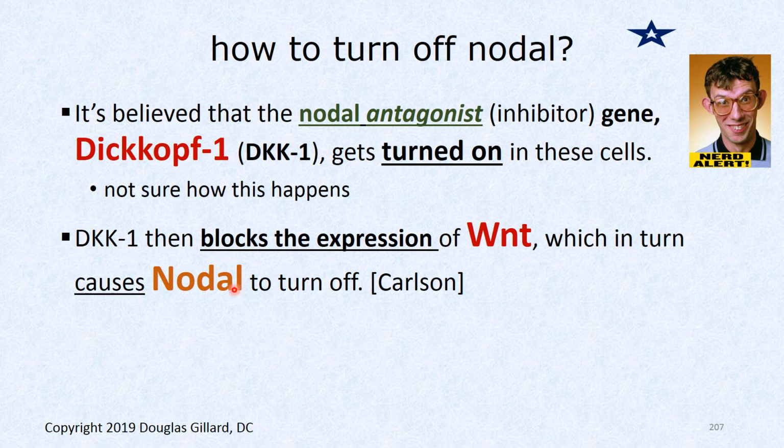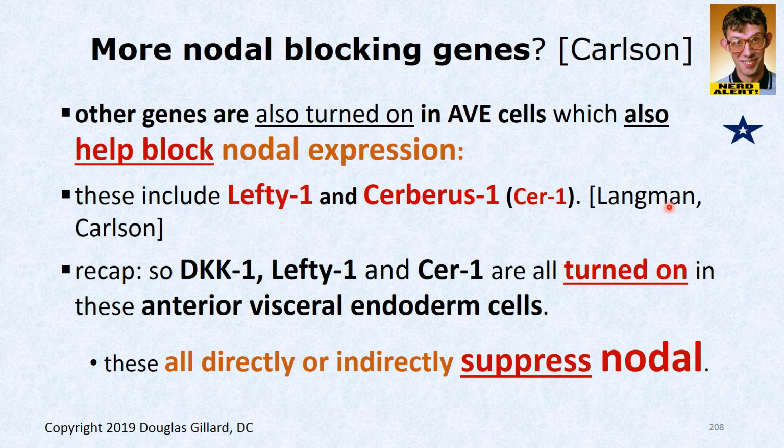So DDK1 blocks the expression of Wnt, which in turn causes nodal to be turned off. So that's the official way if you really want to get technical. DDK1 doesn't directly turn off nodal, but it turns off the keeper of nodal. Wnt is the gene that keeps nodal turned on. So if you turn off Wnt, nodal automatically gets turned off. See, hence the geeky guy here, or nerdy alert. This is nerd stuff.